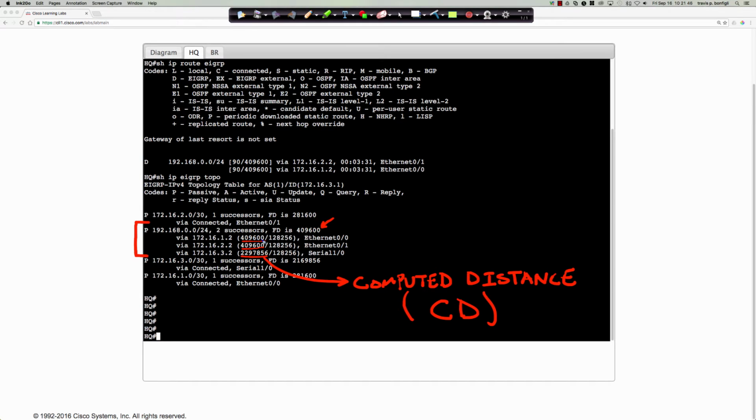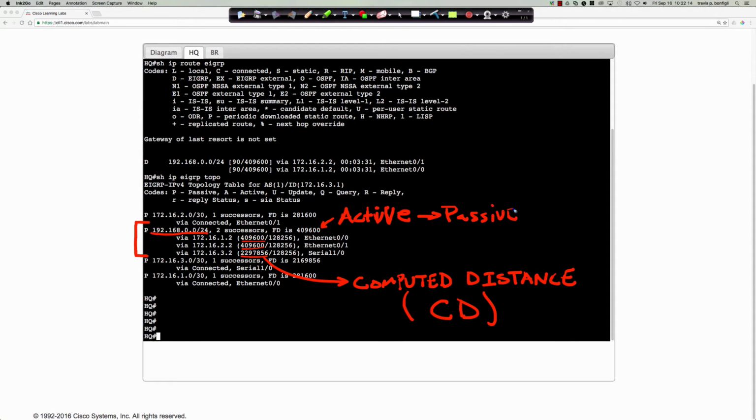Now, remember, the feasible distance value for the specific successor route is set from the last time that that successor route transitioned from the active state, make sure active, I spelled that wrong there, active state to the passive state, right?